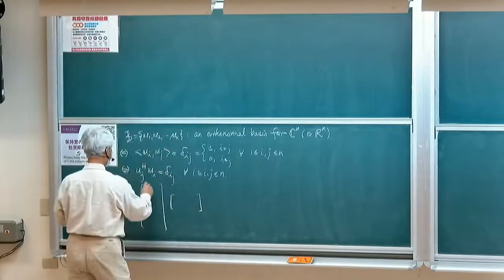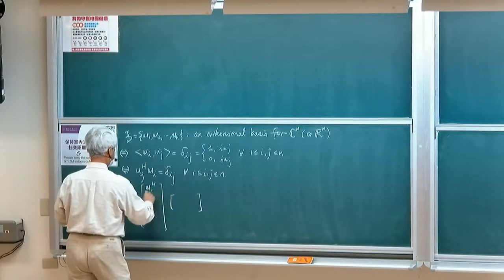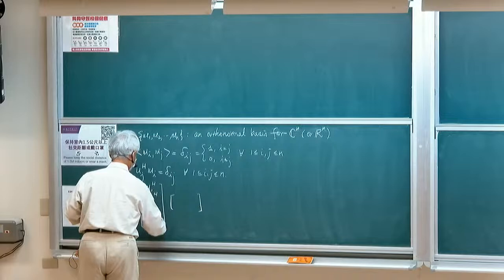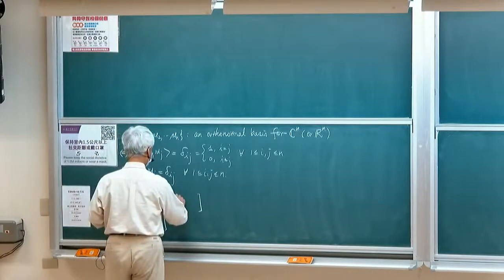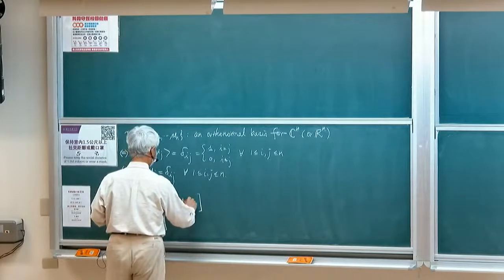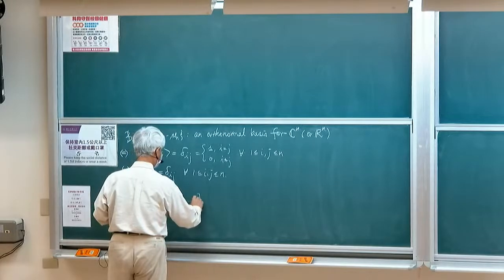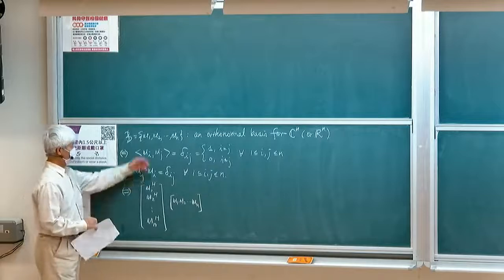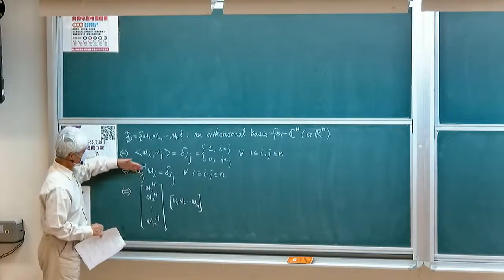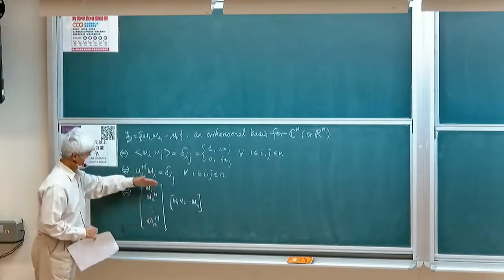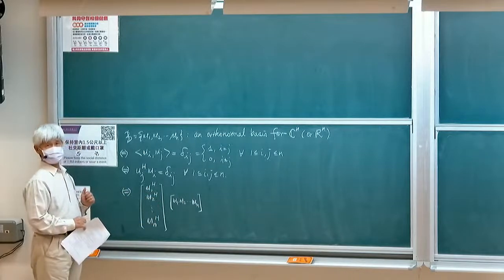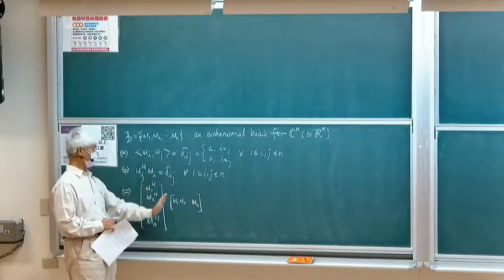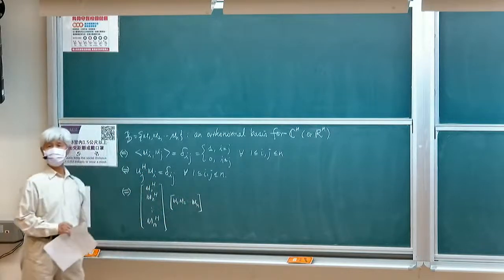So here, this is U1H, U2H, up to UNH. And here you have U1, U2, up to UN. So you pile up the row vectors row by row into a matrix, and you pile up the column vectors Ui into a matrix here.